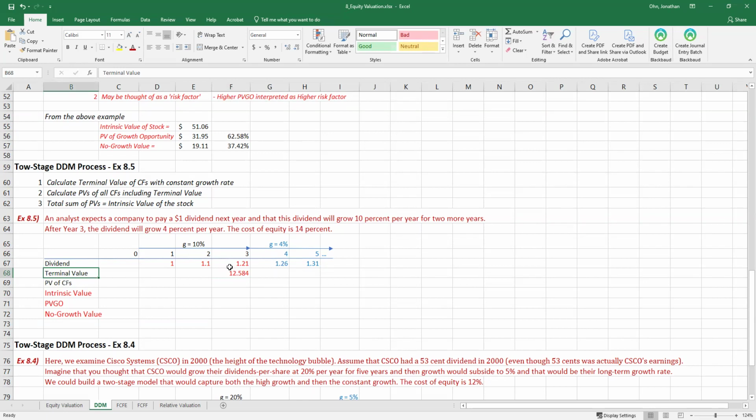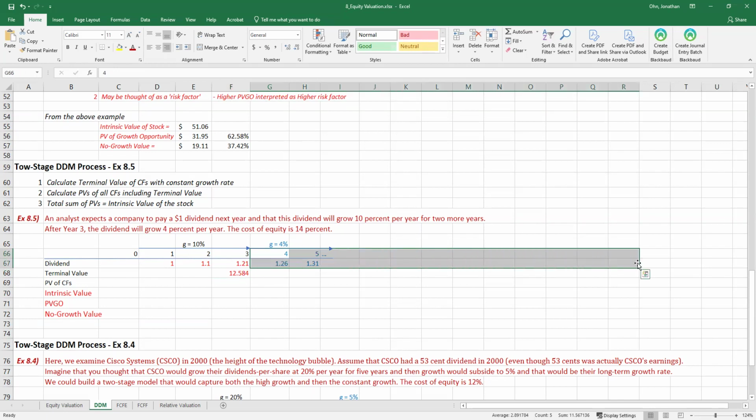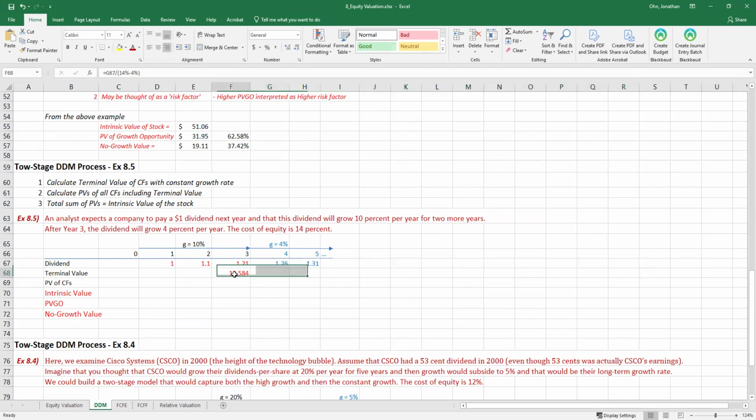Terminal value at the end of year 3, or the beginning of year 4. So after taking care of stage 1, we come down to 1, 2, 3, 4 cash flows, right? We just have to take care of these 4 cash flows.